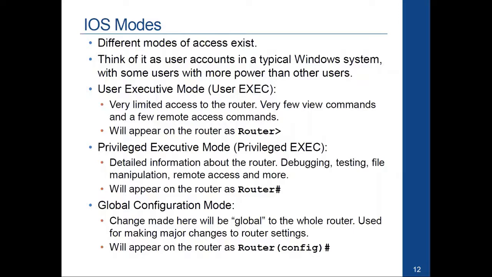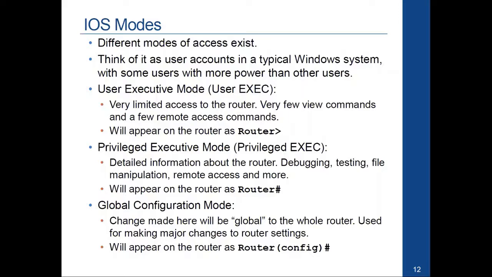So you boot your router into your user mode, and then you give a command called enable. We will see this later as well. So when you give the command enable, it will go to privilege mode, and in the privilege mode, you can do certain types of activities, but no configuration can be made there. So if you want to make any configuration changes, you have to go to the global configuration mode.